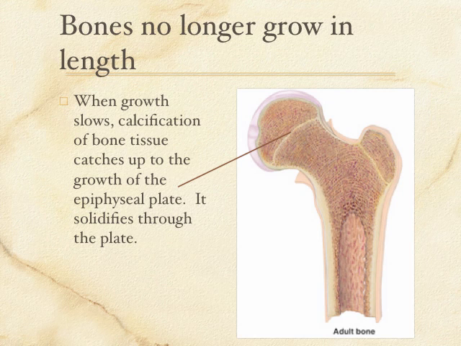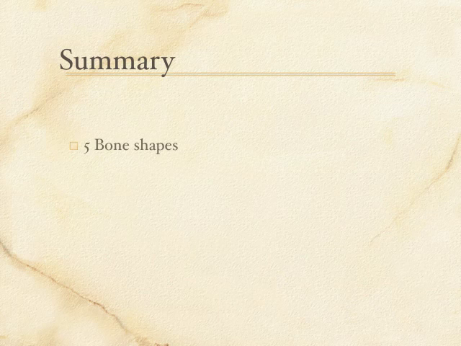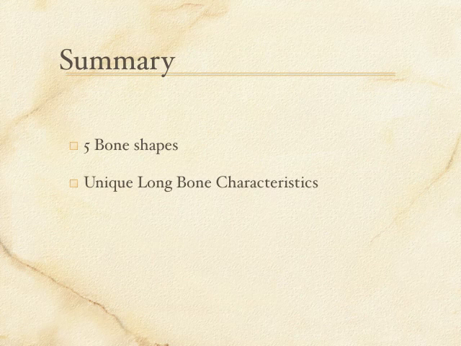So bones can grow externally, and they can also grow internally. And the long bones are the best example of this, although there's some others like the coxa that I just explained about. So if we sort of summarize all of this now, we talked about 5 bone shapes, right? Need to know that the long bone has some unique characteristics and some terminology that you should know.